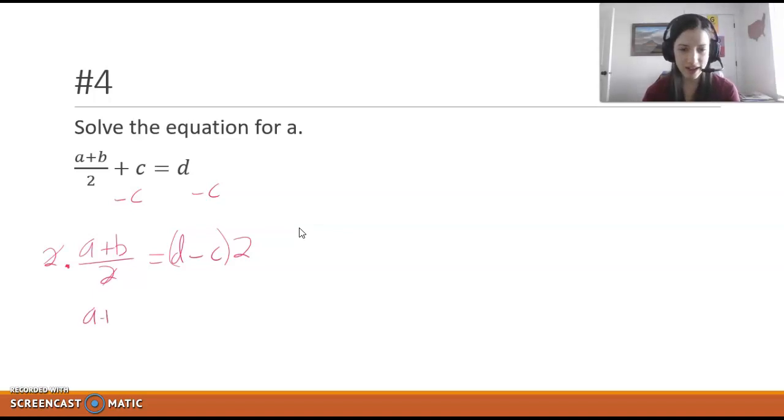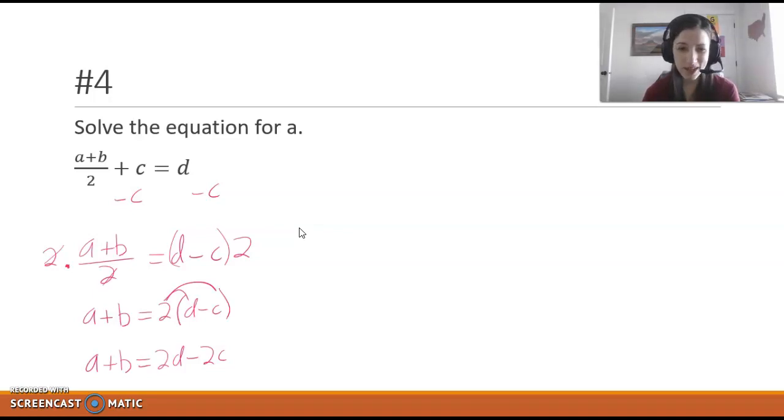So I've got A plus B equals 2 times D minus C. And you can totally distribute that too if you'd like. I'm actually going to distribute the 2. So I've got A plus B equals 2D minus 2C, distributing that 2 inside of our parentheses.